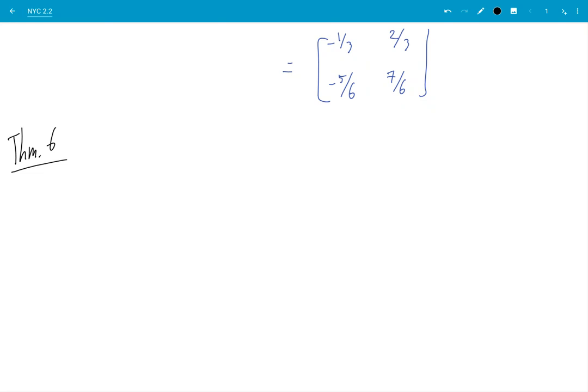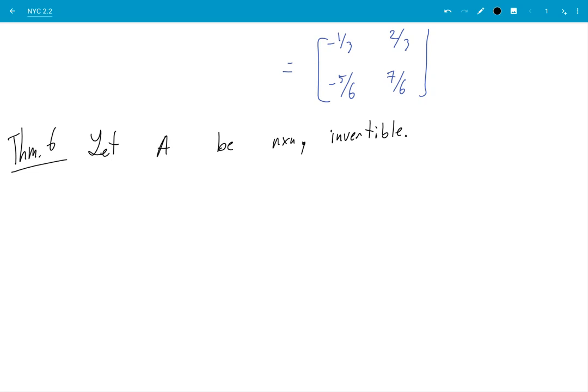Number 6. Okay, let A be n by n, invertible. Okay, so invertible means that A inverse exists.